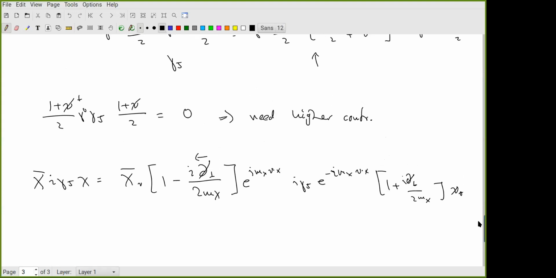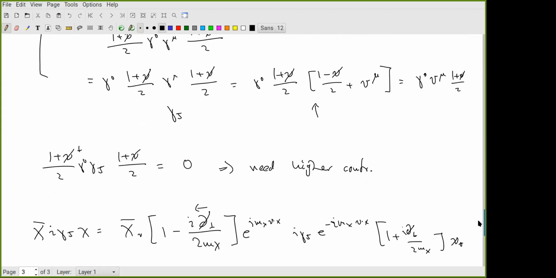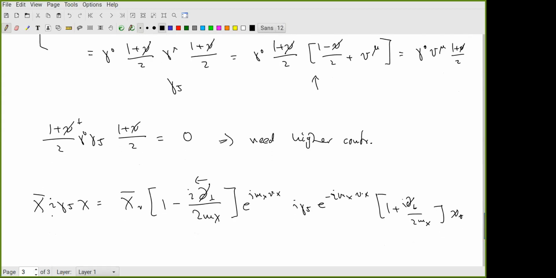The reason is just that the leading contribution vanishes. If you don't include these terms, and you take this current i gamma 5 and calculate the leading term, because of the projectors, this gamma 5 anticommutes with this projector, so you get something like 1 plus v slash gamma 5 equals gamma 5 1 minus v slash, and this hits the other projector and gives 0.